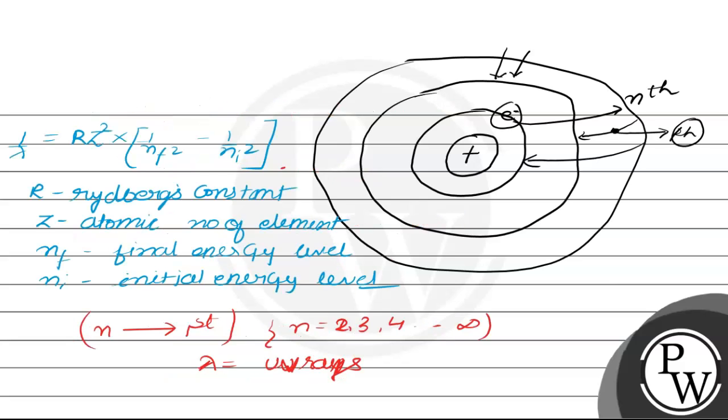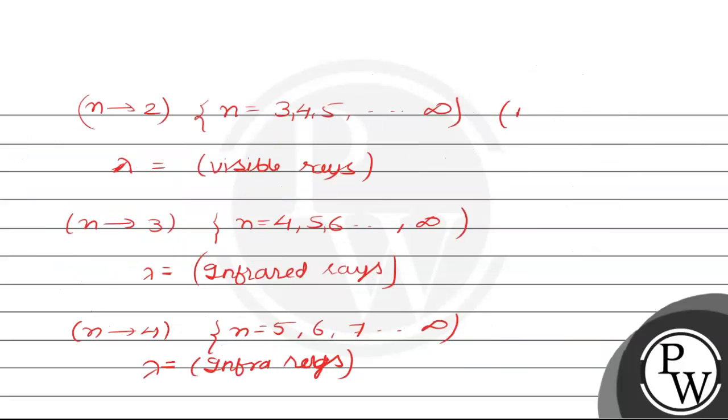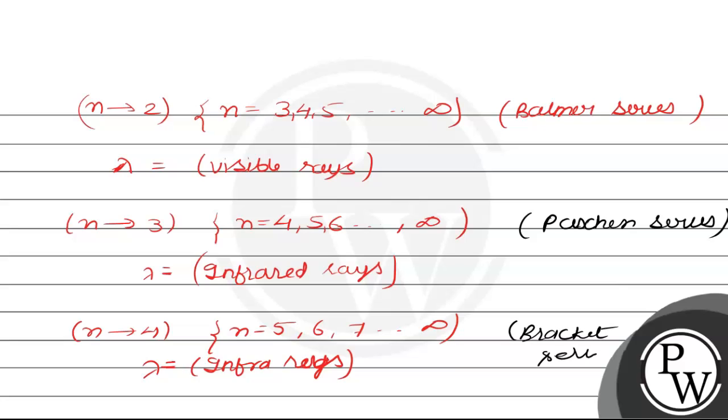And these rays have specific names: this is called the Lyman series. These series of wavelengths are called the Balmer series. This series of wavelengths is called the Paschen series, and this series of wavelengths is called the Brackett series.